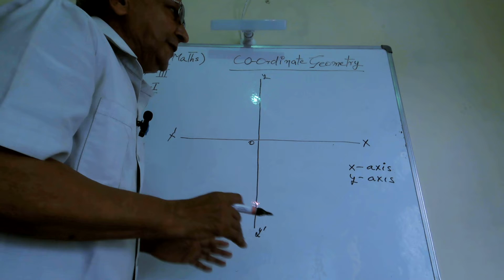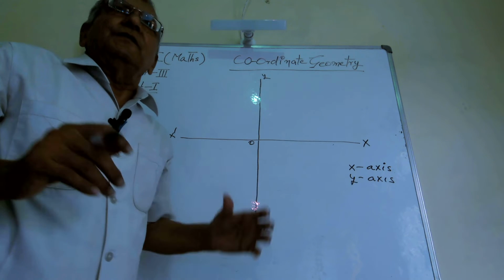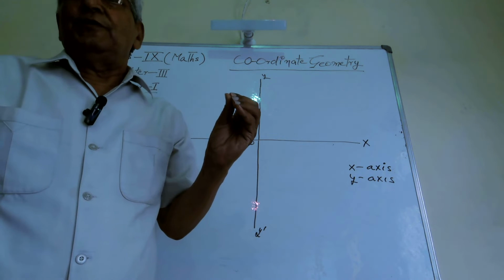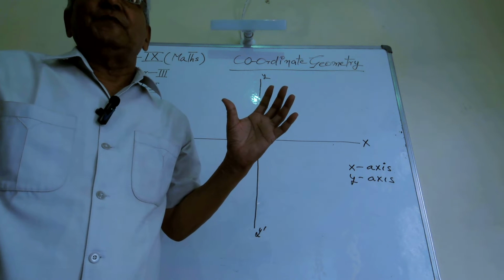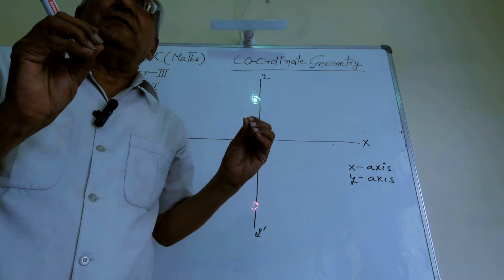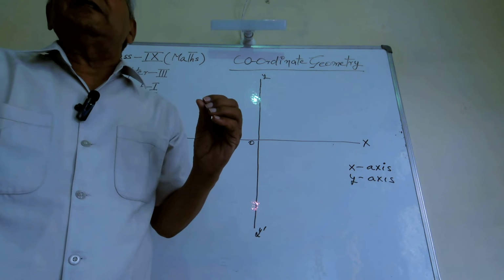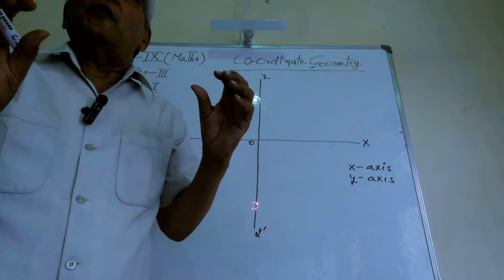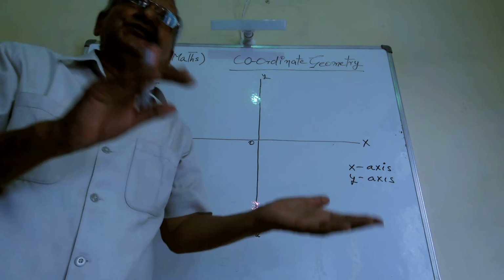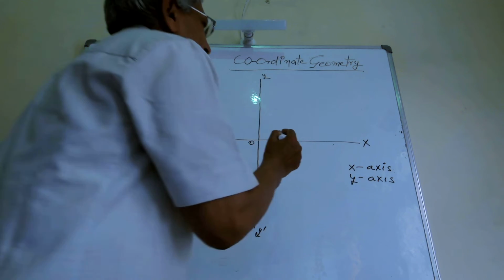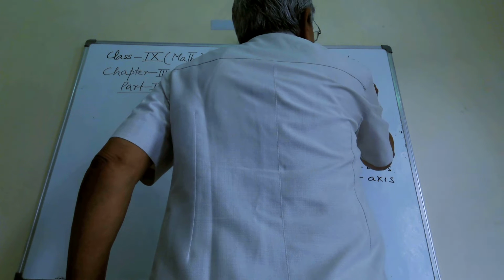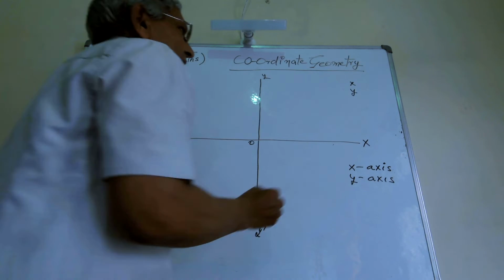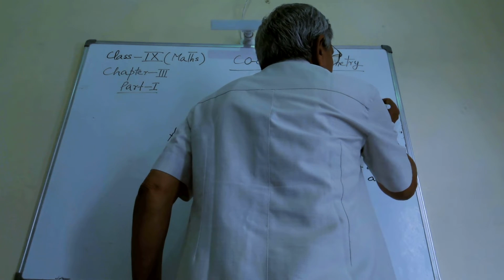First of all, I want to tell you, any point contains two coordinates: one is the x coordinate, the second is the y coordinate. The x coordinate is called abscissa, the y coordinate is called ordinate. Abscissa is called x, and ordinate is called y. And the position of a point is written as (x, y).